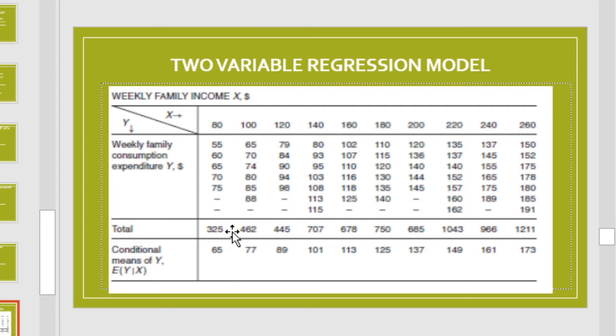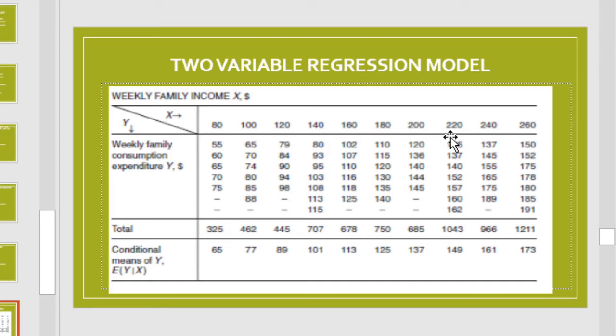This table refers to the total population of 60 families of a hypothetical community, and it is a hypothetical statement and it is a total population. And these 60 families are divided into 10 income groups. The 10 income groups are 80, 100, 120, 140, 160, 180, like that up to 260.